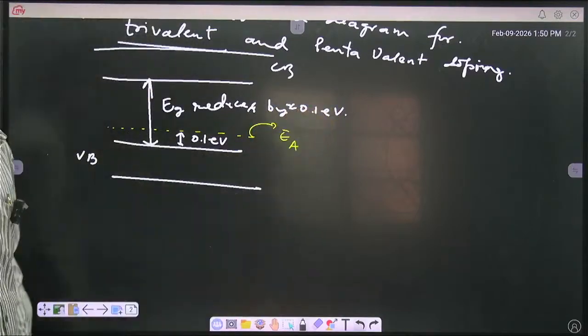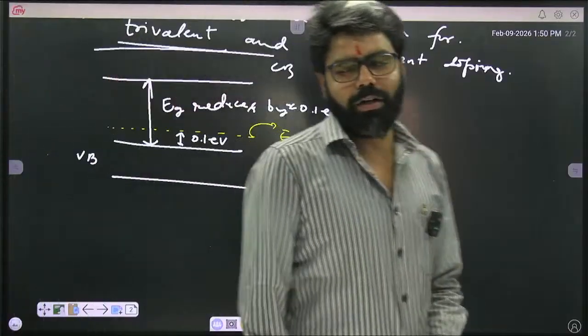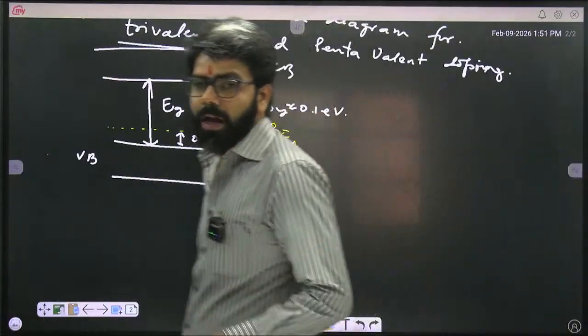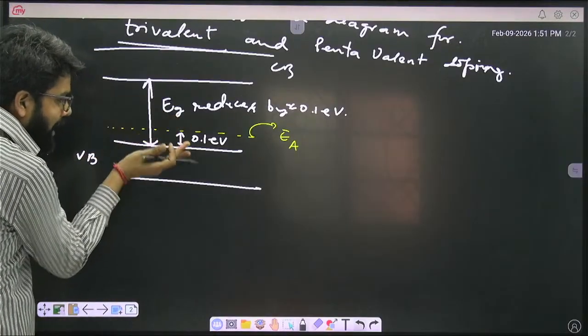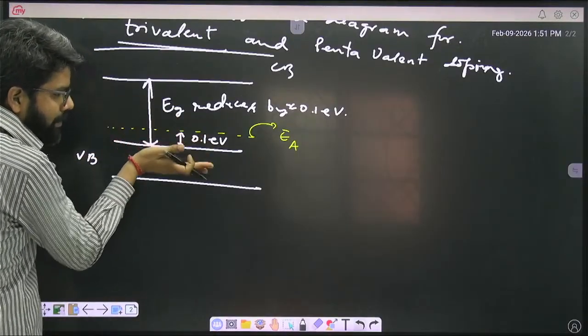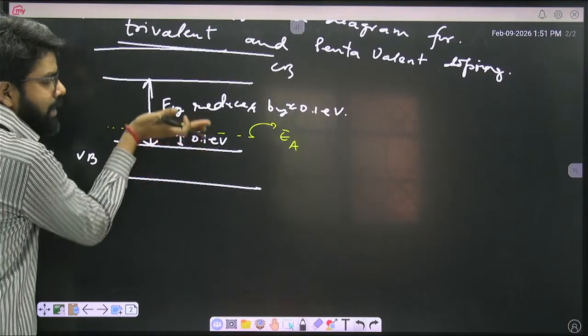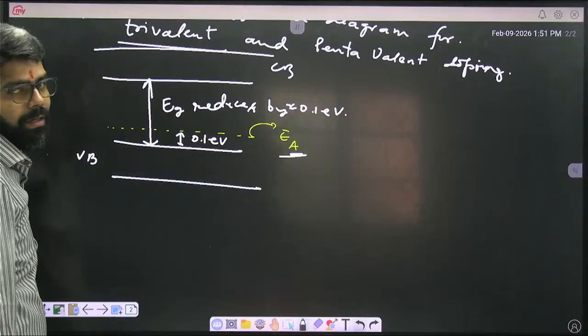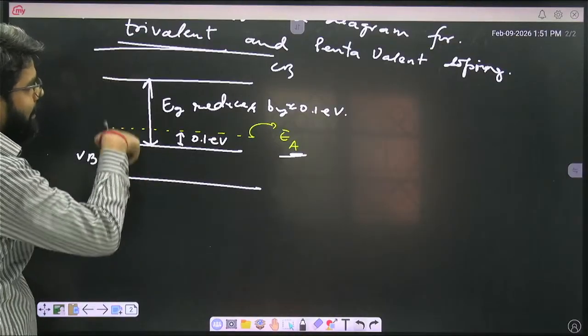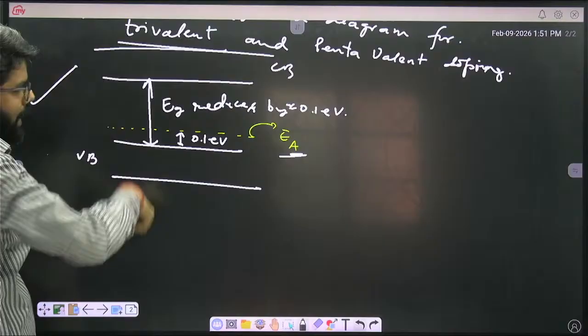This is in the NCERT; I'll pick it from there after a while. The higher energy level of the valence band moves a little bit up and sets an acceptor energy level in case of trivalent doping. So this is the energy band diagram for trivalent.